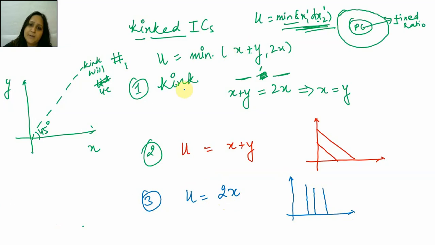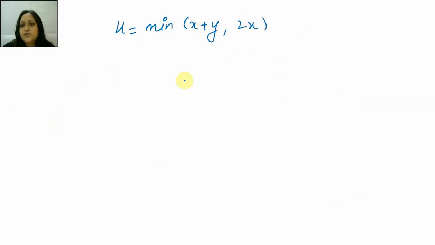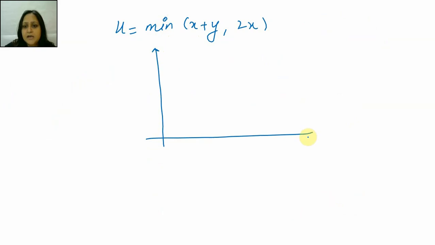तो आपने क्या किया? आपने सबसे पहले kink निकाला, फिर आपने बोला u is equal to this, उसका curve बनाया, फिर आपने बोला u is equal to this, इसका भी curve बना लिया. अब आप तीनों को same graph में लेके आओगे. So u is equal to minimum of x plus y comma 2x. You have figured out the kinks are lying on the 45-degree line.